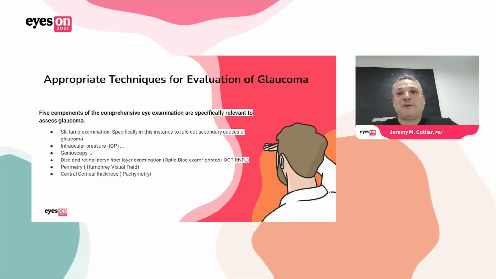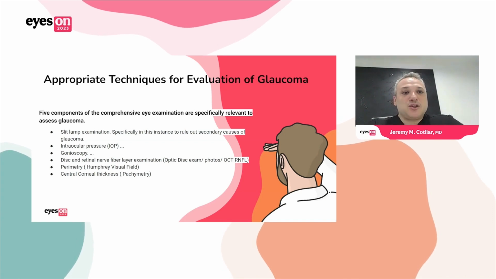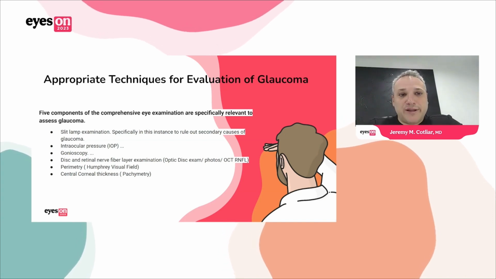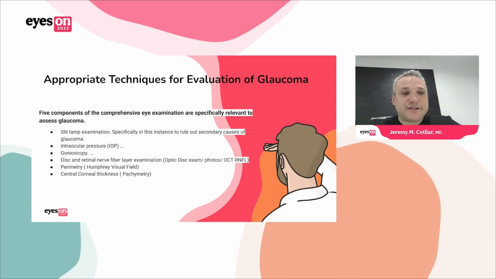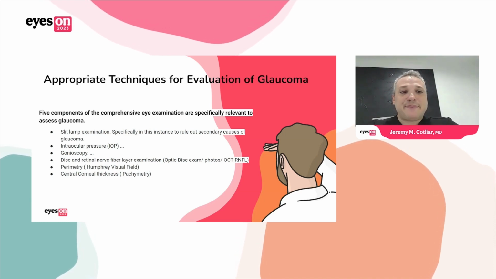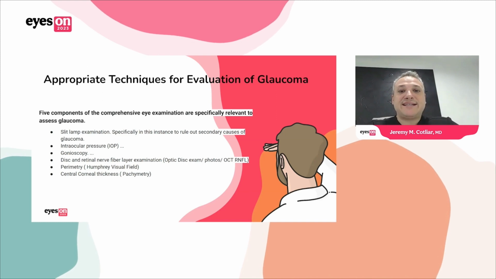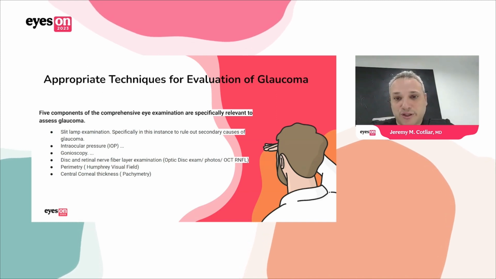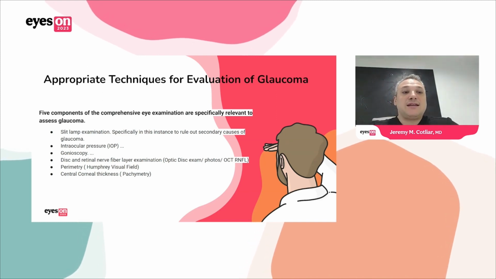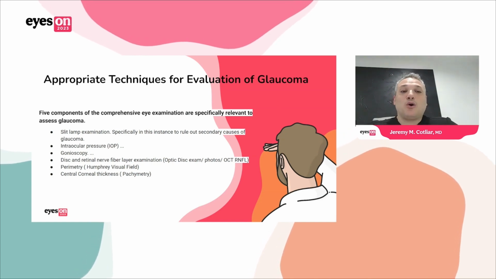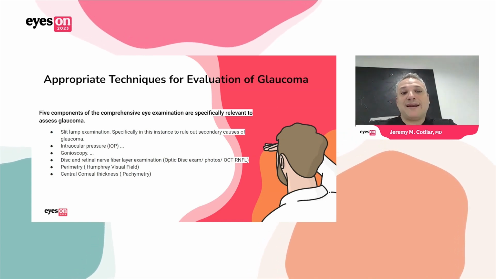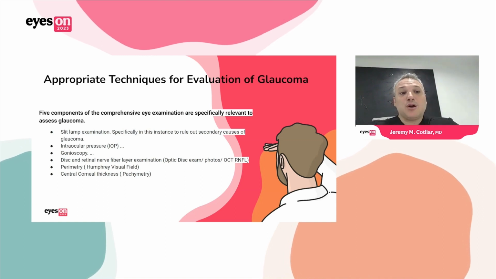Appropriate techniques for evaluation of glaucoma. There are 5 major components of the comprehensive eye examination that are specifically relevant to assess glaucoma. The slit lamp examination, specifically in this instance to rule out any secondary causes of glaucoma. Intraocular pressure measurement, whether with a Goldmann applanator or an eye care tonometer.